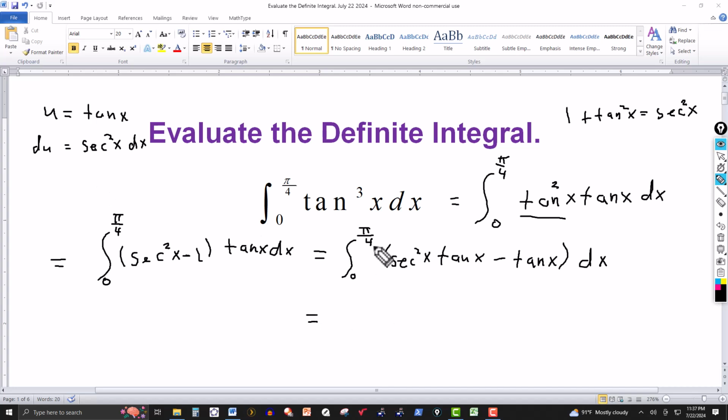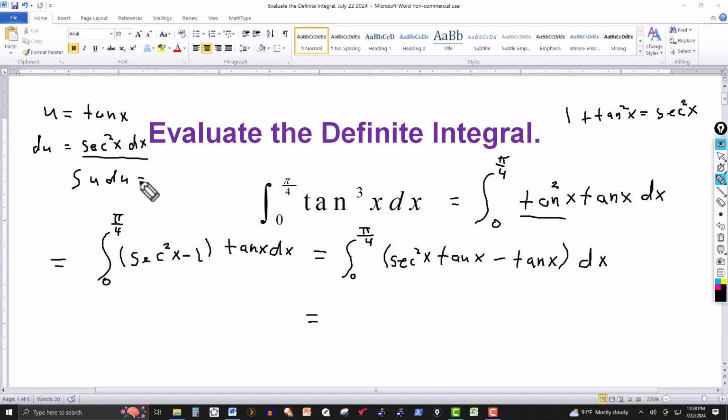So notice here, ignore the limits for right now. We're going to find the integral first. So tangent of x, that's your u. The integral here then becomes, replace the tangent of x by u, and secant squared x dx, those are together, that is du.